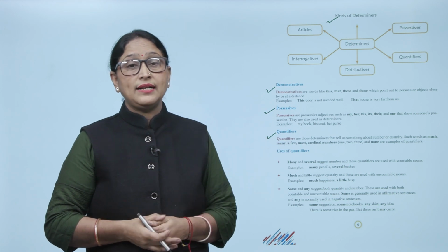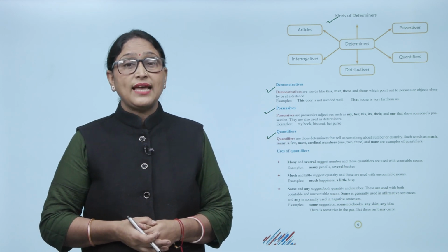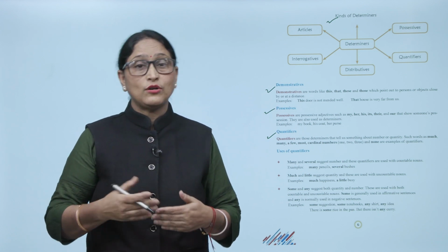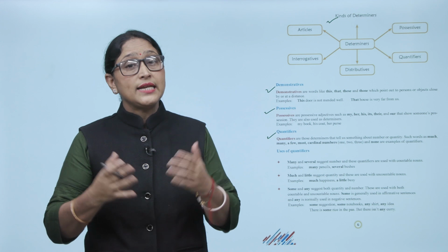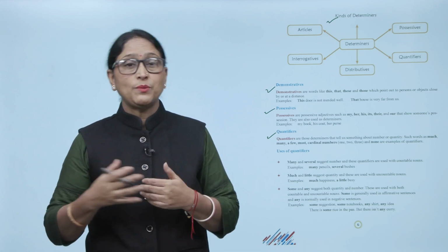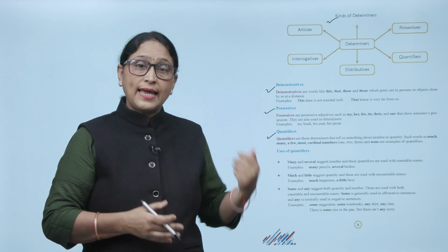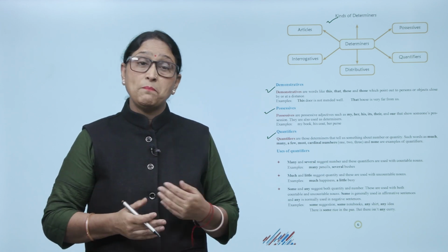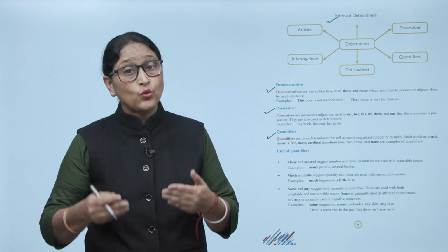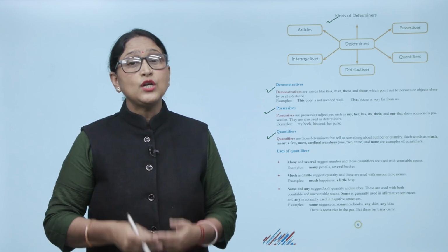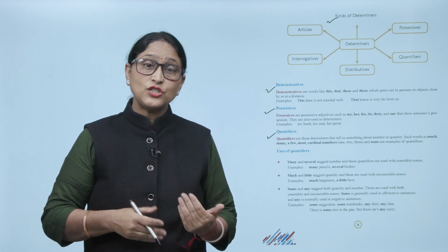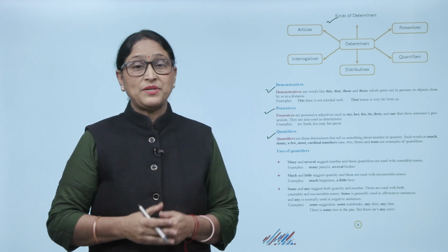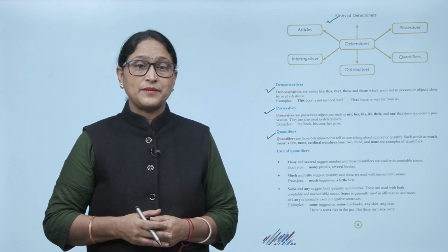Many and several suggest numbers, and these quantifiers are used with countable nouns. Examples: many pencils, several bushes. Much and little suggest quantity, and these are used with uncountable nouns. Examples: much happiness, a little busy.